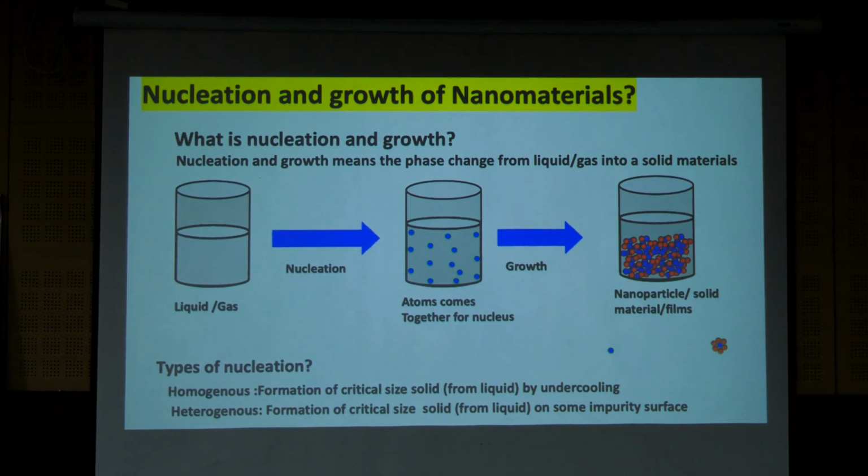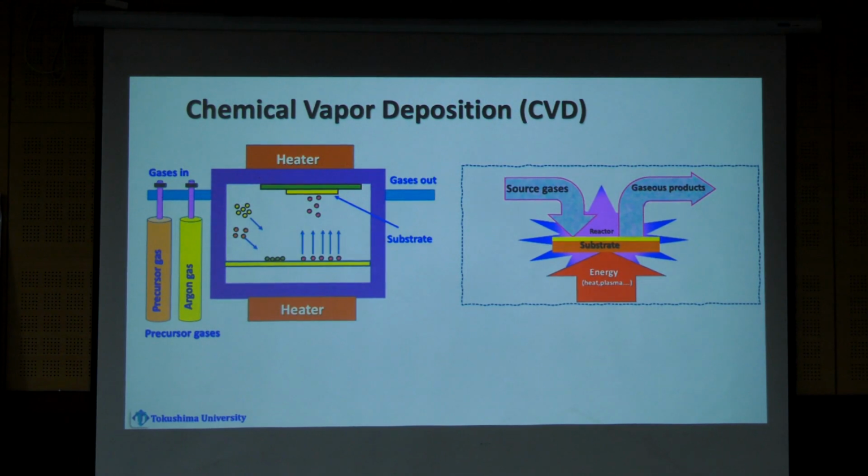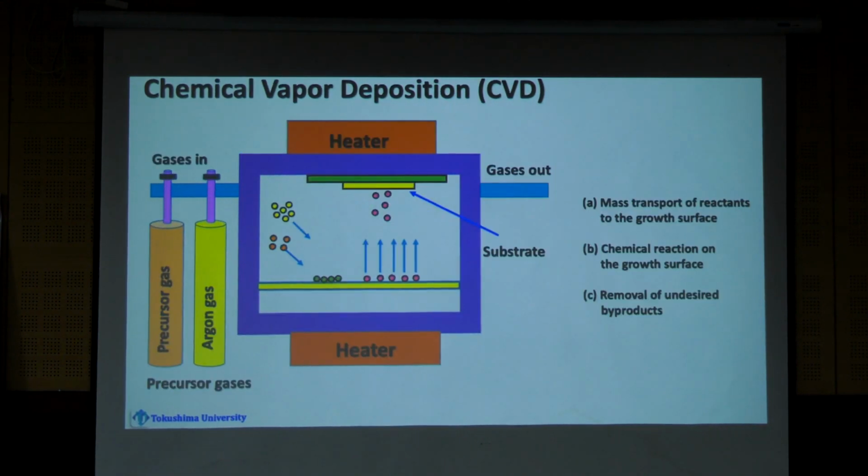How does it happen in the case of CVD? Let's see. When you put in the gas, okay, this is argon gas and this is, let's say, hydrogen gas or methane gas. Methane means CH4. Now, C means carbon, H means hydrogen. So these carbon and hydrogen species will come into the chamber.